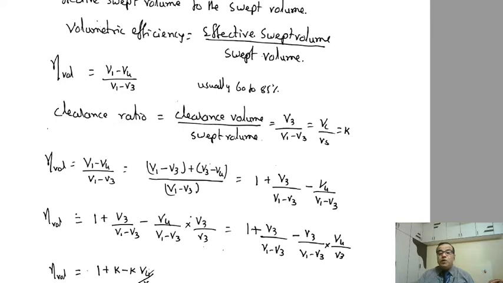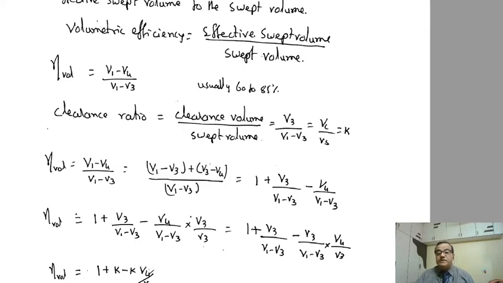Now coming back to volumetric efficiency, what is volumetric efficiency? Effective swept volume by swept volume, that is V1 minus V4 by V1 minus V3. Now what is V1 minus V4? We can rewrite it as V1 minus V3 plus V3 minus V4. So I have subtracted and added V3 here.